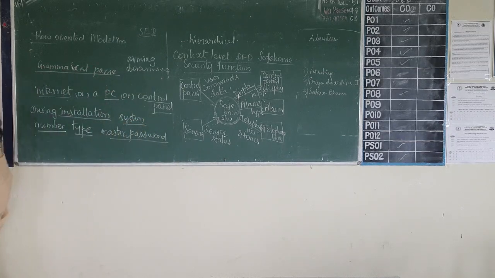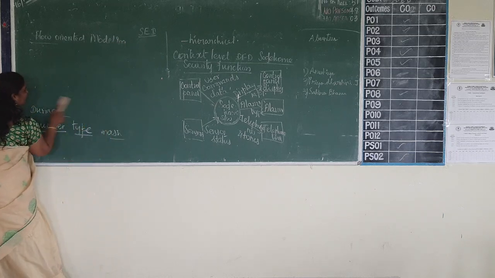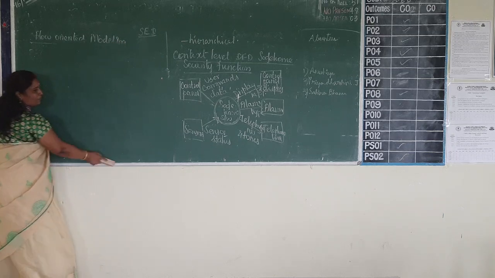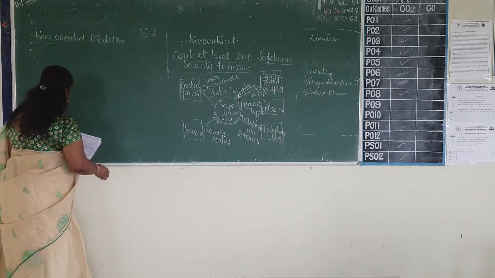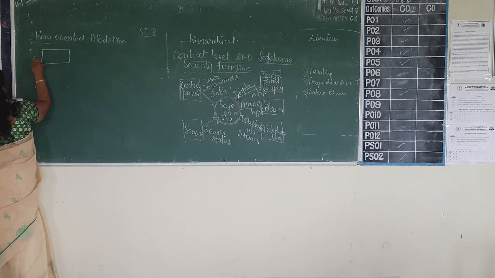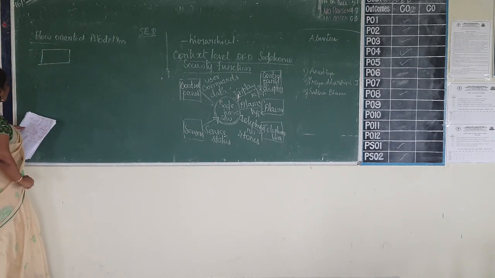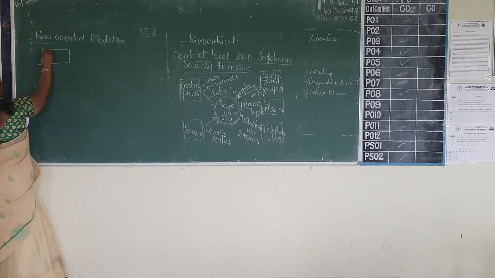Okay, so we'll see now the level 1 DFD. We have just completed level 0 or context level. Now you are given all the information, so using that only, the next level is going to be done. Please note down, level 1 DFD for SafeHome security function.